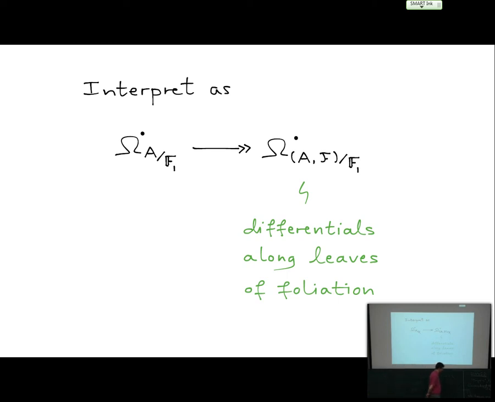Well, I think the easiest thing is to say: if you have a space with a circle action, then the homology of X becomes a module over the Pontryagin ring given by the homology of the circle. This is an exterior algebra on the fundamental class.